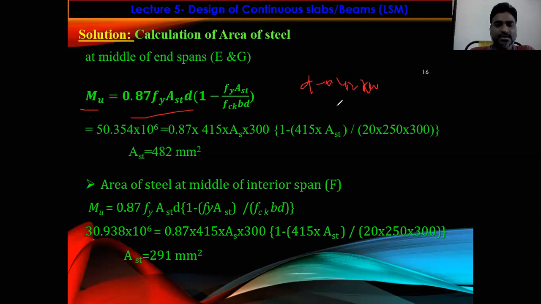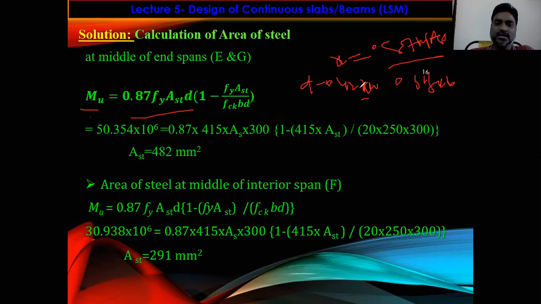Remember that xu should be calculated by equating compressive force equal to tension force. From that, xu will become 0.87 fy Ast / (0.36 fck b).